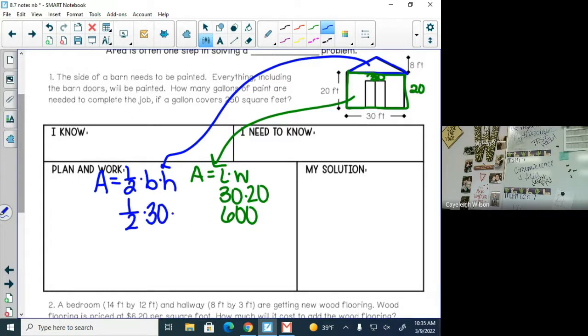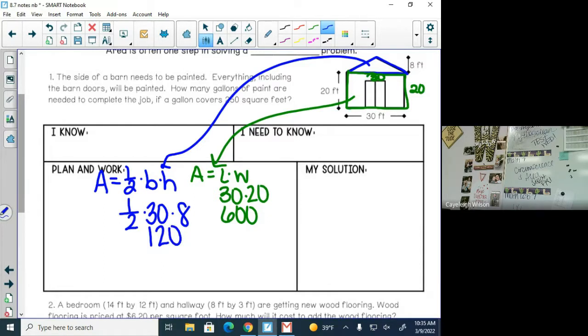Wendy, what's the height of my triangle? 8, thanks. Wendy, 8. I'm so sorry. Okay. So I'm doing 1/2, and I know, Wendy, that it's 8 because right here it tells me it's 8. So the base was 30, the height is 8. So 1/2 times base times height, that's 120.